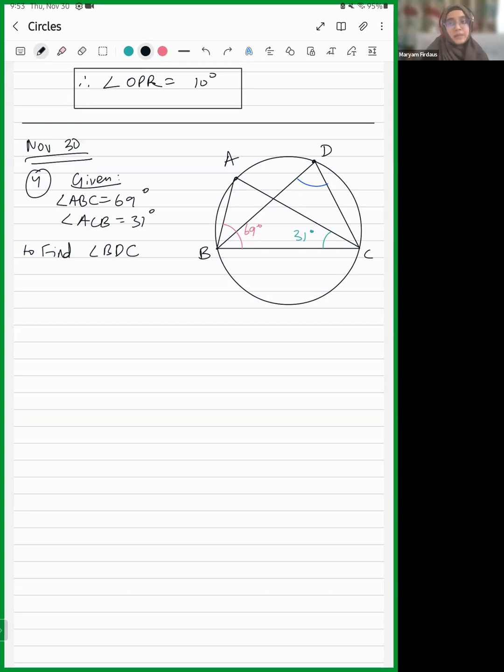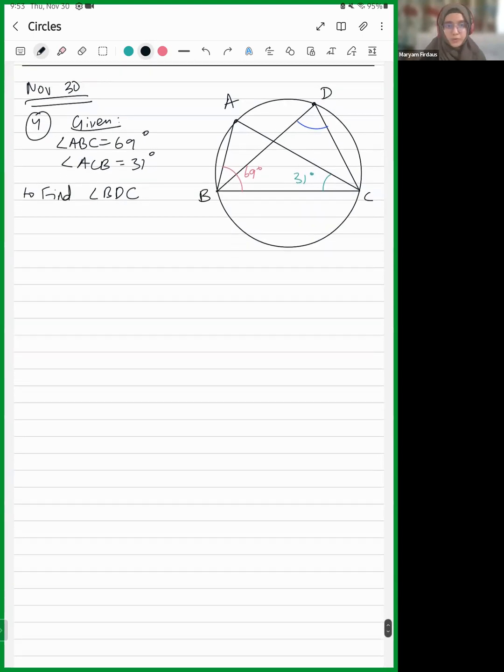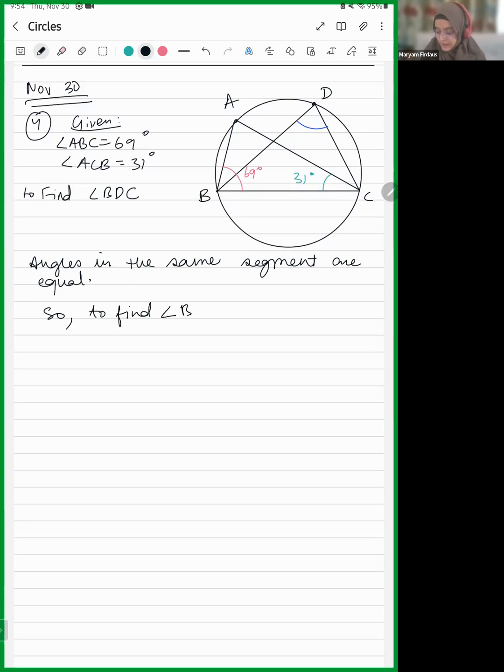Angles in the same segment are equal. Remember or forgot? We even proved it. Angles in the same segment are equal. Okay. So, to find angle BDC, we can first find angle BAC.